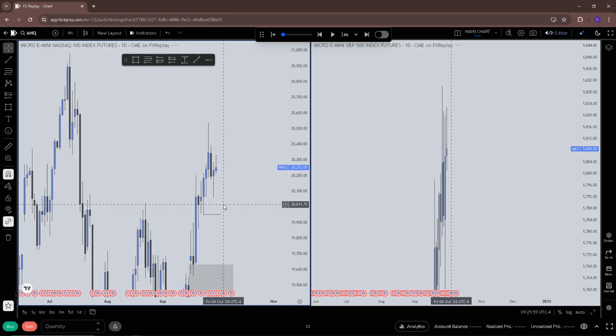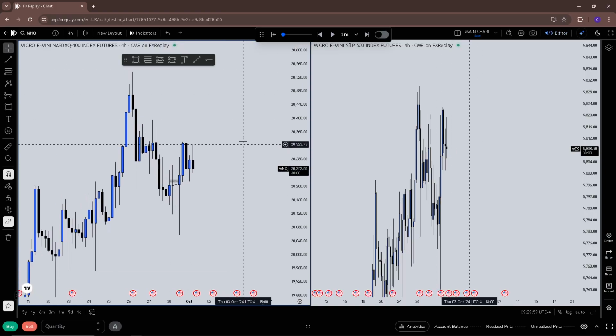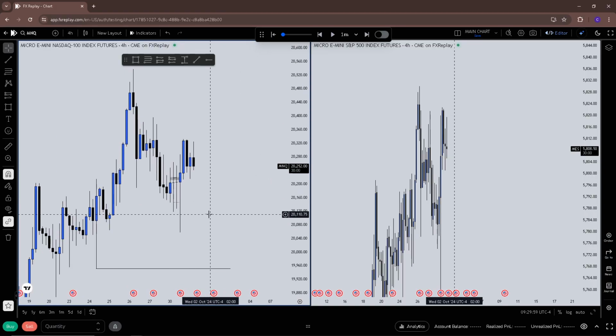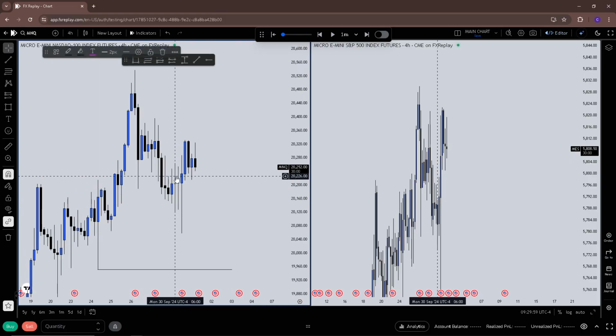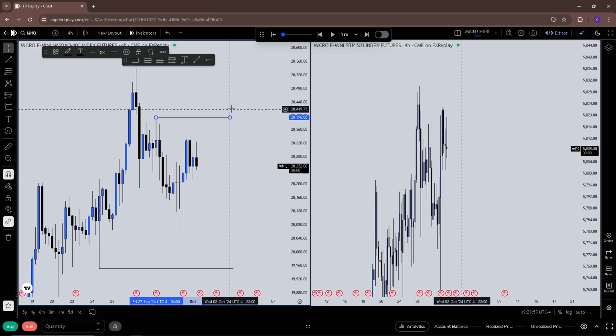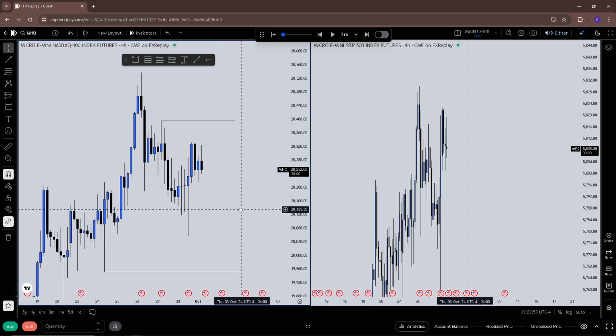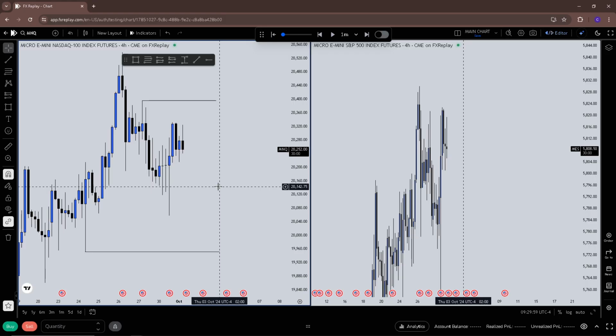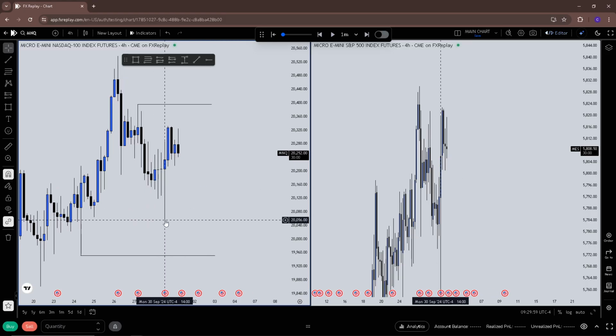We're starting to trend bullish. I like this high inside of this 4 hour. Kind of just range bound.